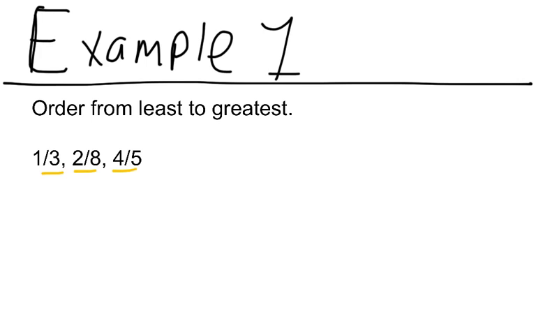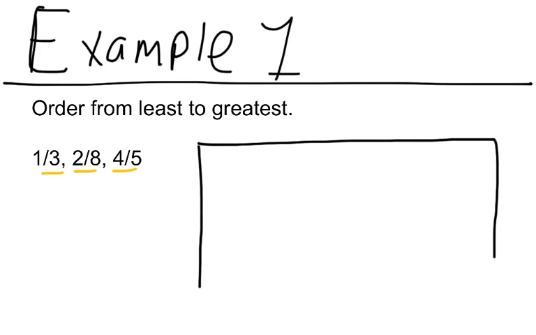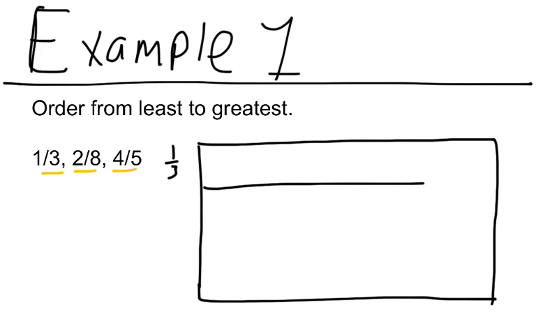So what I'm going to do is draw me a box. My first box, I'm going to label as my 1/3 box. So I'm going to split this into 3 pieces, trying to get this as equal as I can. The second box is going to be the box that I'm going to split into eighths.